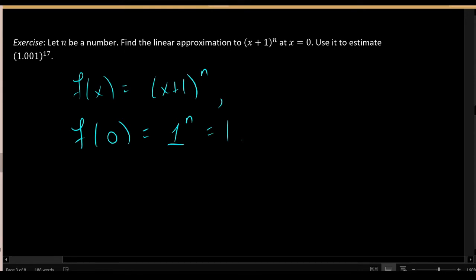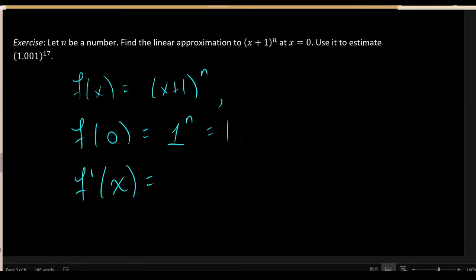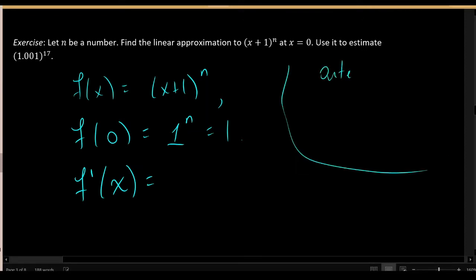Okay, now what about the derivative? If I take the derivative of the function x plus 1 to the nth power, this is a great opportunity to use the power rule and the chain rule. The outer function in this case is blank to the power n. And by power rule, the derivative of that outer function would say n comes down, blank to the power n decreased by 1 unit.